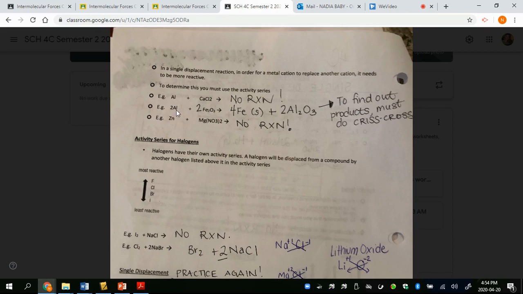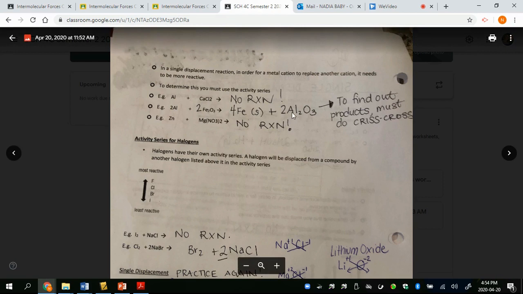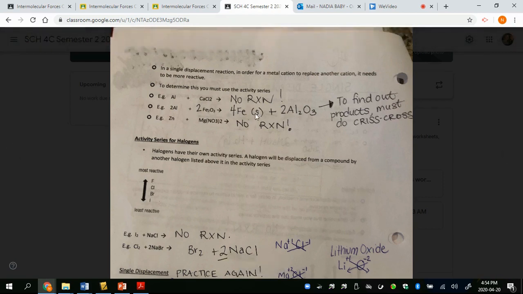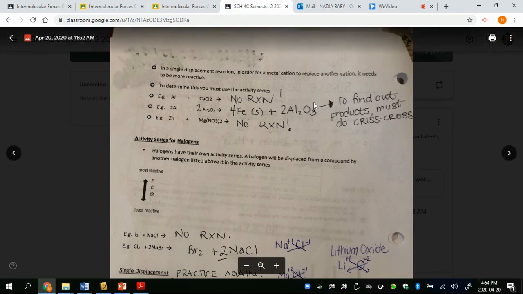Here, aluminum is in fact above iron, so it can kick it out and the reaction proceeds. When it does proceed, you have to predict the products. What's left is iron, and aluminum is going to combine with oxygen. To find out the products, you have to do crisscross first. You have to figure out that aluminum is +3, oxygen is -2, and then you crisscross to get Al2O3.